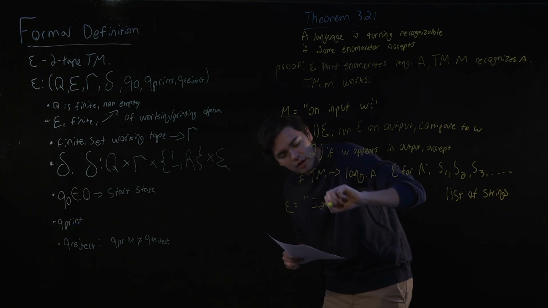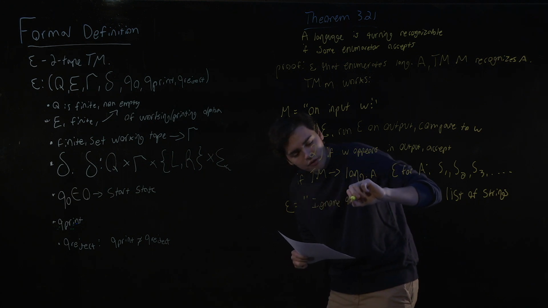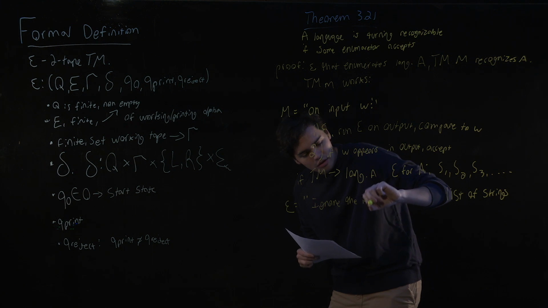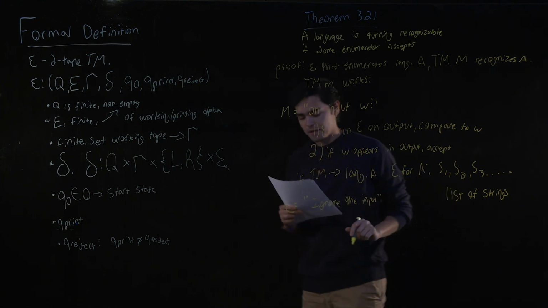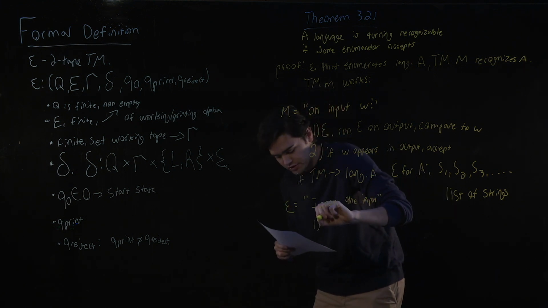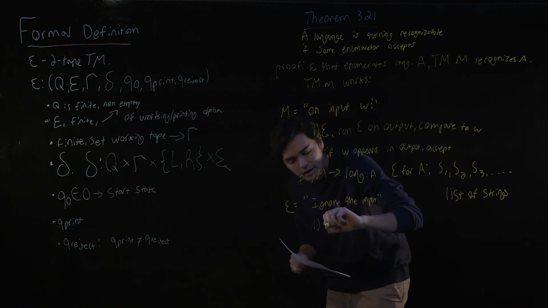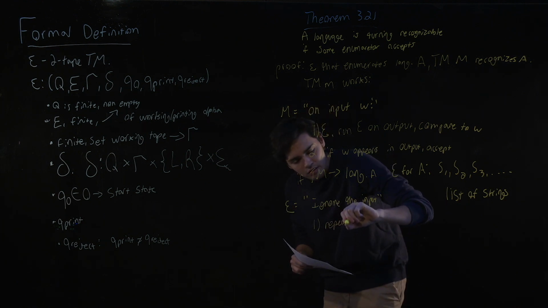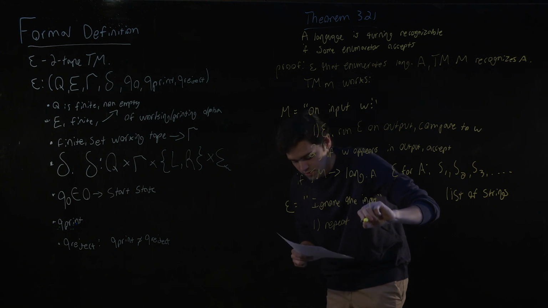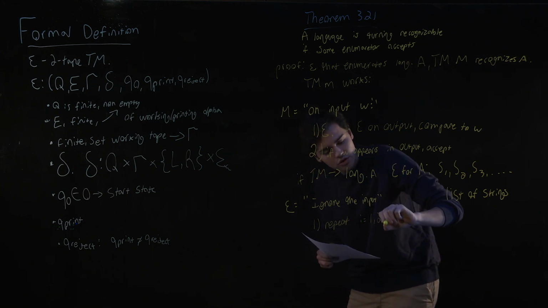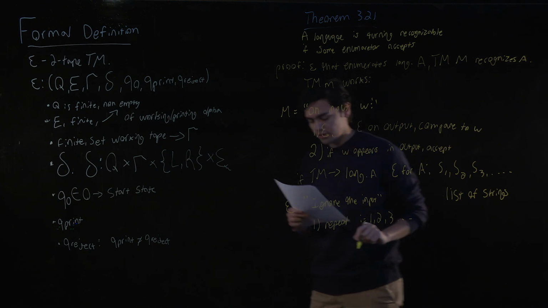If we want to ignore the input for this theorem, the following requirements must be met. First, we repeat the following for i, where i is 1, 2, 3, and so forth.